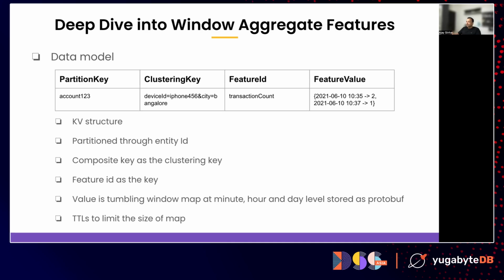We want to avoid scatter and gather calls. We use the composite key as clustering key, and feature ID as key. The value is a map of tumbling time windows, which are stored in protobuf format. Because this map is ever growing, we use TTL and keep expiring the stale entries.